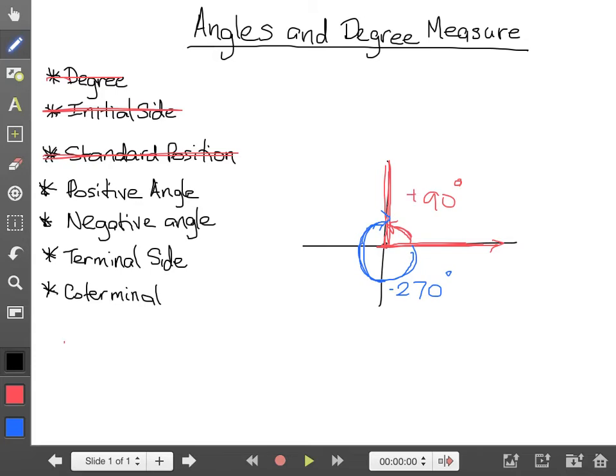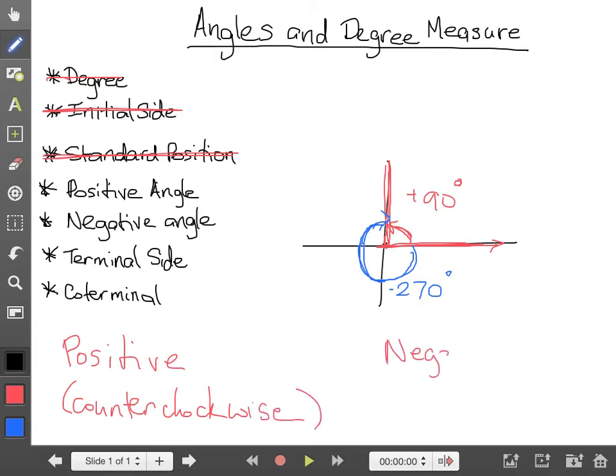So a positive angle is counterclockwise from its initial side. And a negative angle is clockwise from its initial side.